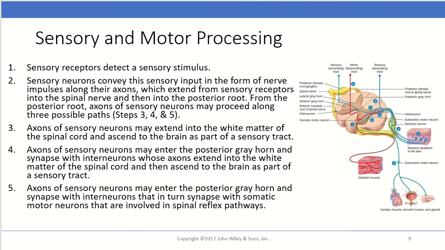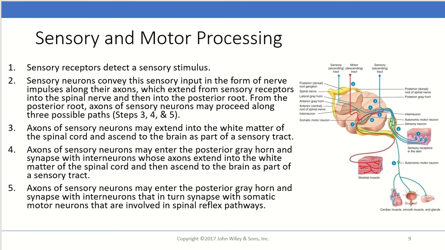And then those sensory neurons are going to convey this sensory input in the form of a nerve impulse along their axons, which extend from the sensory receptors into the spinal nerves, and then into the posterior root. From the posterior root, those axons of the sensory neurons can proceed along one of three possible paths.